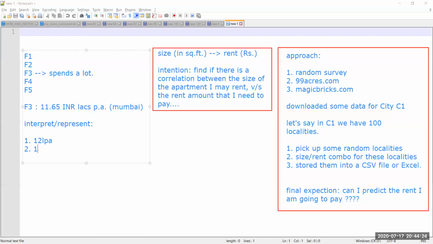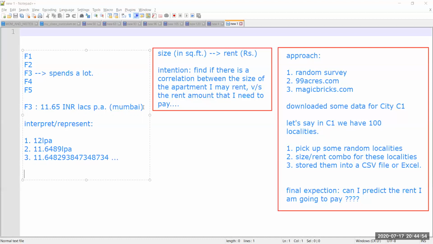I can write this as 11.6489 lakh per annum. In this case, the 11.65 value was actually an approximation that I found out after some casual talks with my friend, while his actual salary was something like this. I could have also represented it in something like this. You see the problem here?